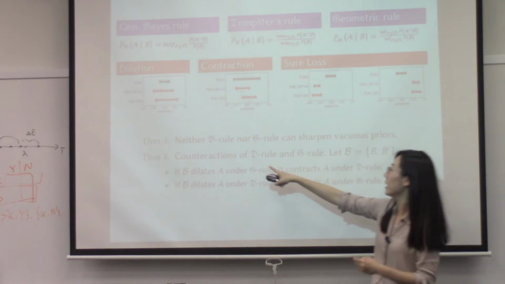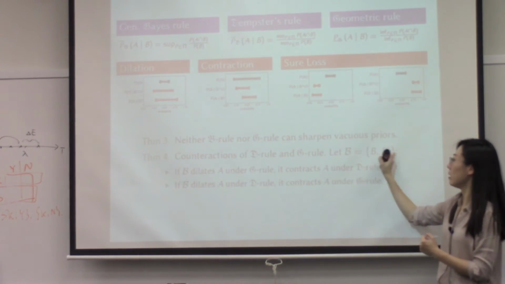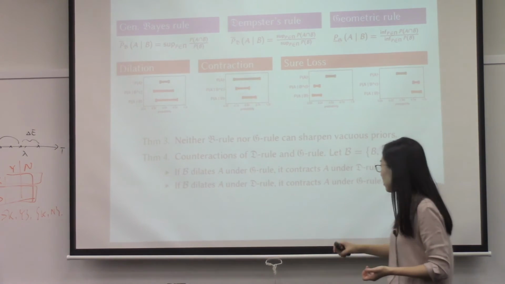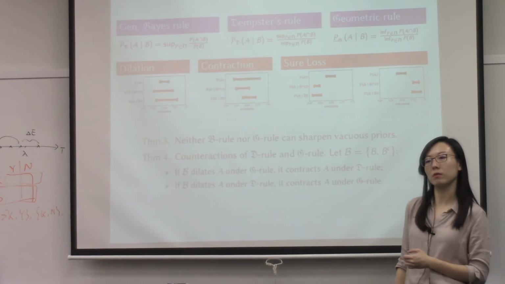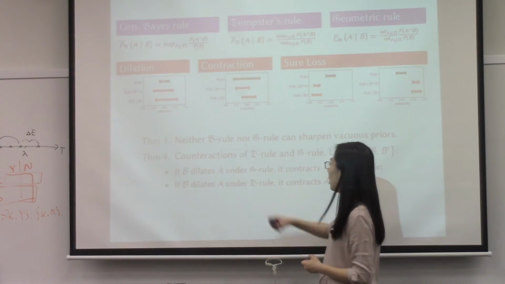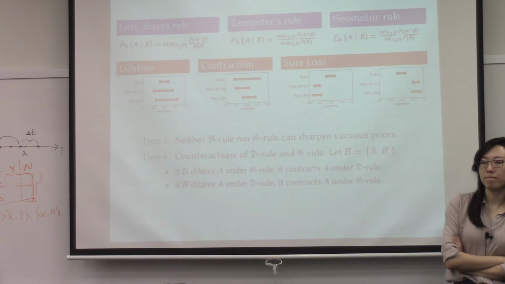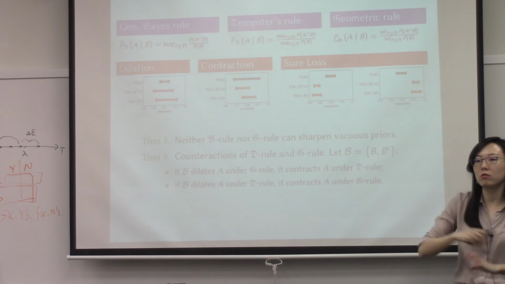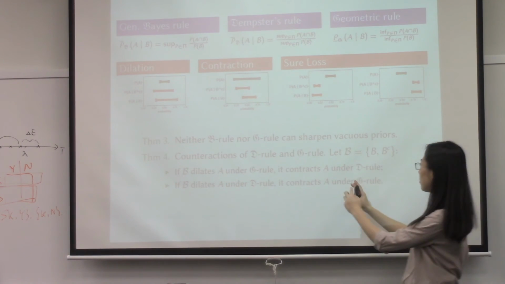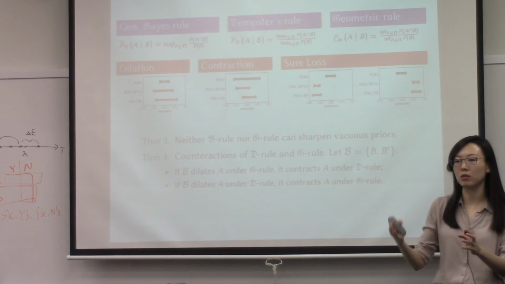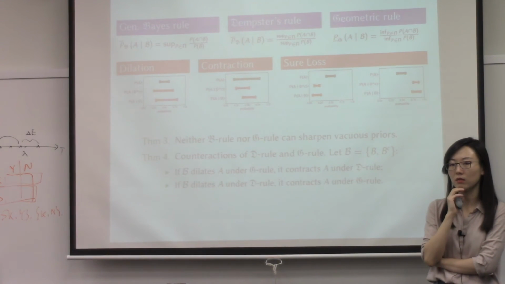If this binary partition, which is the sport type, dilates injury A under the geometric rule, it would contract A under the Dempster rule. And if it would dilate A under Dempster's rule, it would contract A under the geometric rule. So it's dilation that implies contraction with the other rule, but not contraction implying dilation the other way.